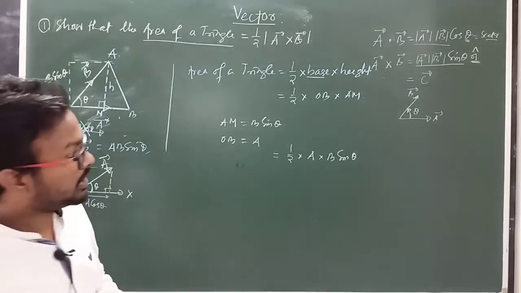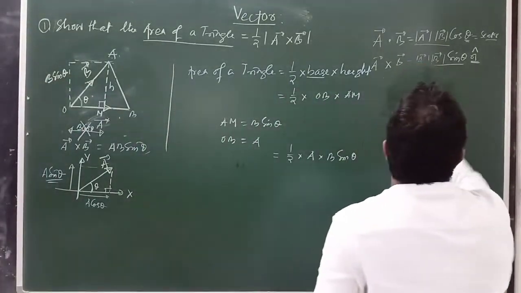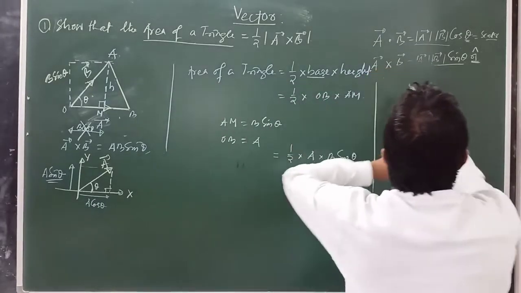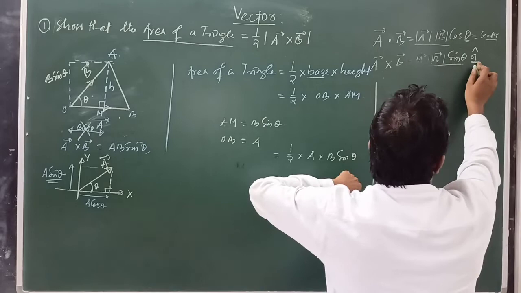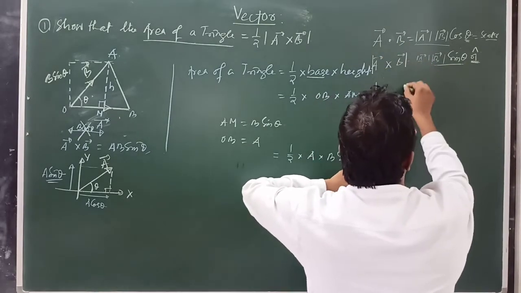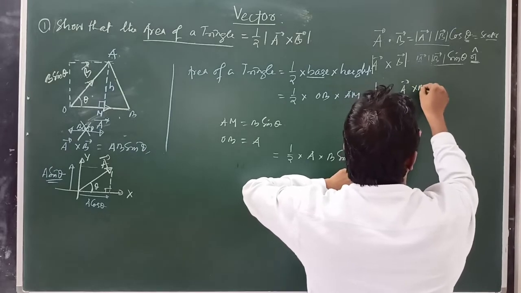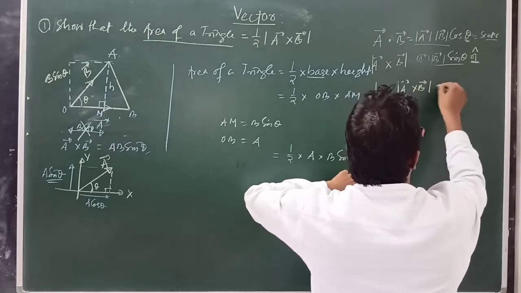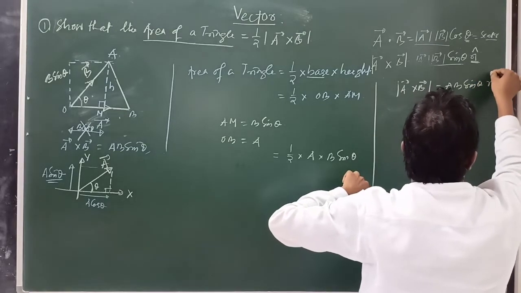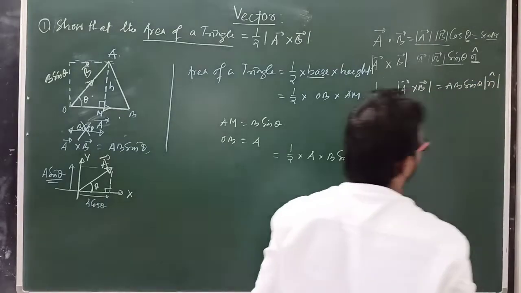Now come to the formula. Here A cross B equals AB sin theta n cap, and if we take magnitude on both sides, then this relation turns out to be magnitude of A cross B equals AB sin theta times magnitude of n cap. Clear?